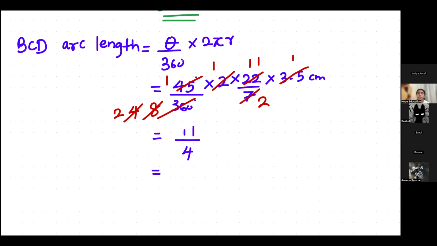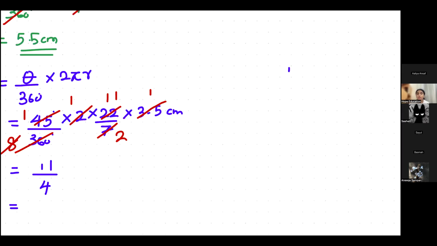Let's divide 11 by 4 and see. 4 times 2 is 8. 11 minus 8, 3 remaining. Then I put a 0 and a decimal point.